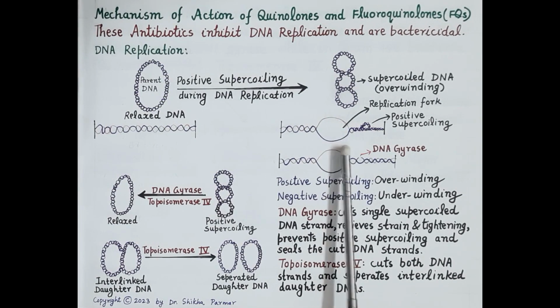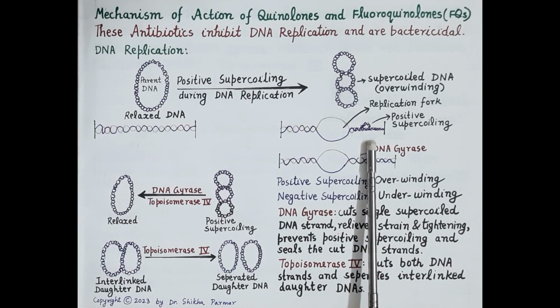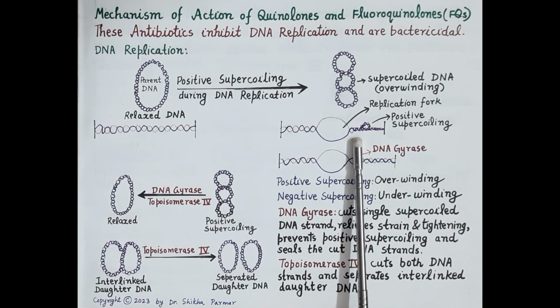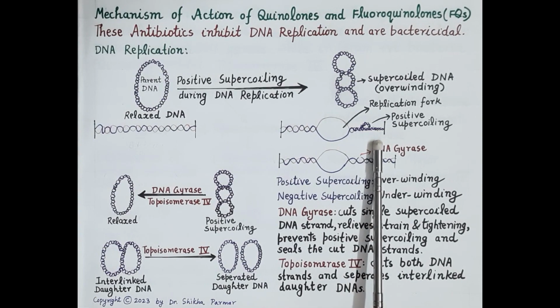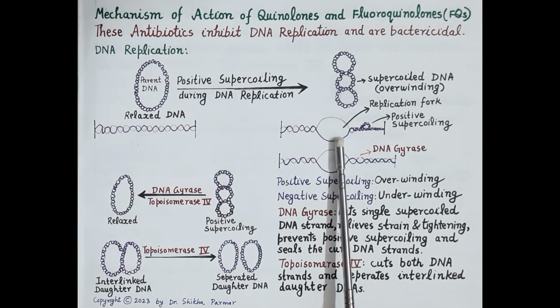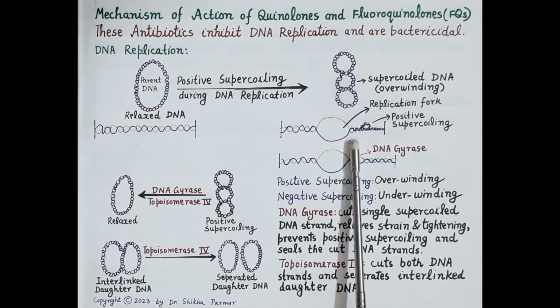So this is the replication fork. Now this fork has to move in the forward direction so that both these strands could be further separated. But as the replication fork moves in the forward direction, there arises a problem.